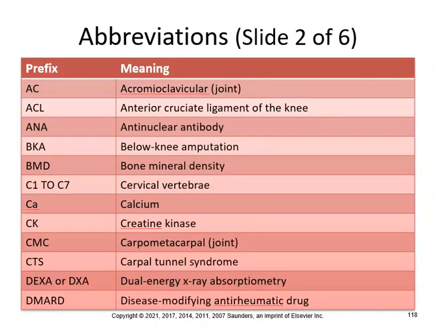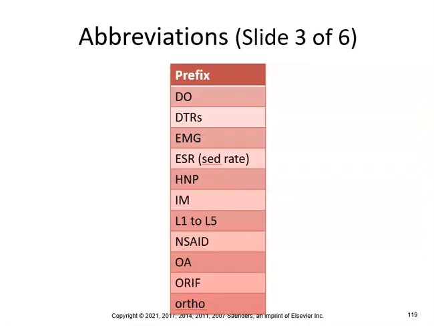So AC would be the acromioclavicular joint, ACL is your anterior cruciate ligament, ANA is your antinuclear antibody, BKA is below the knee amputation, BMD is your bone mineral density, C1 to C7 are your cervical vertebrae, CA is calcium, CK is creatine kinase, CMC is your thumb, which is your carpometacarpal joint, CTS is carpal tunnel syndrome, DEXA is dual energy X-ray absorptiometry, DMARD is a disease-modifying antirheumatic drug.